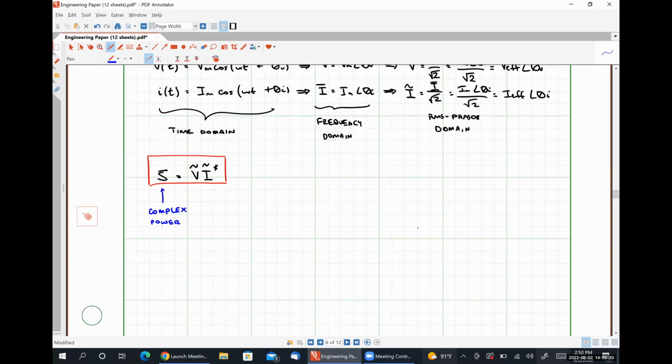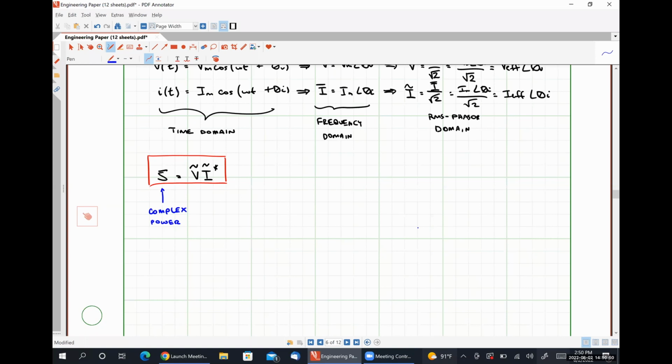Complex power is the product of a voltage and a current. So dimensionally, we have units of volts times amps, which in the past we have referred to as watts.